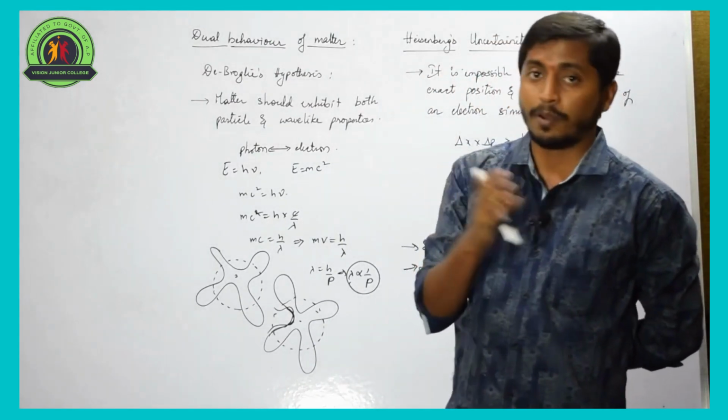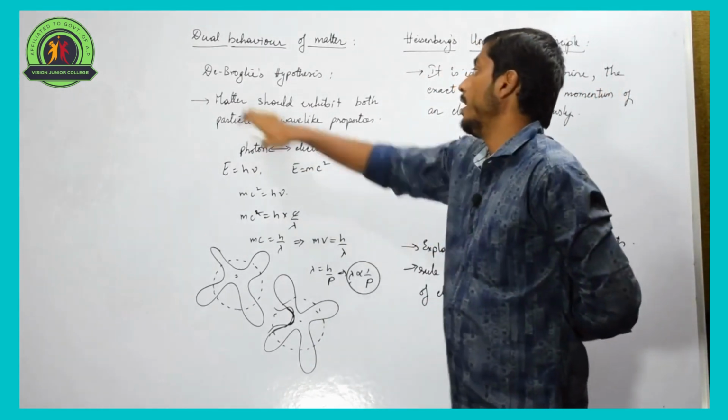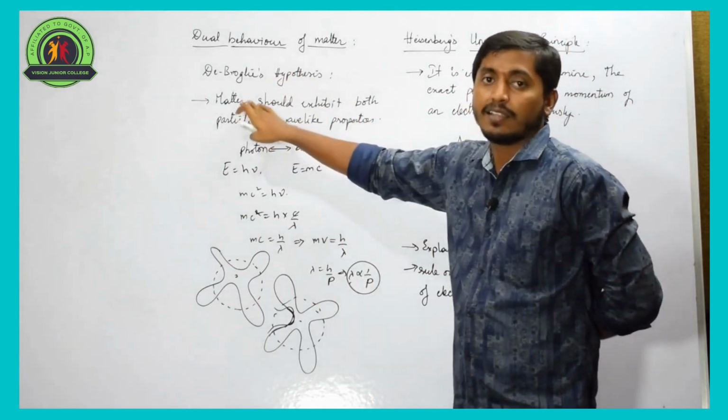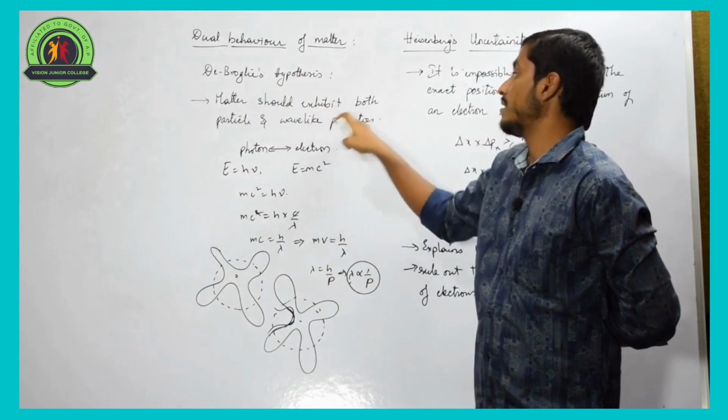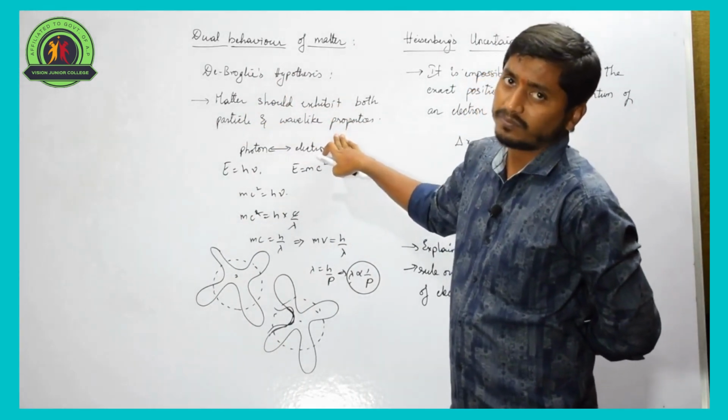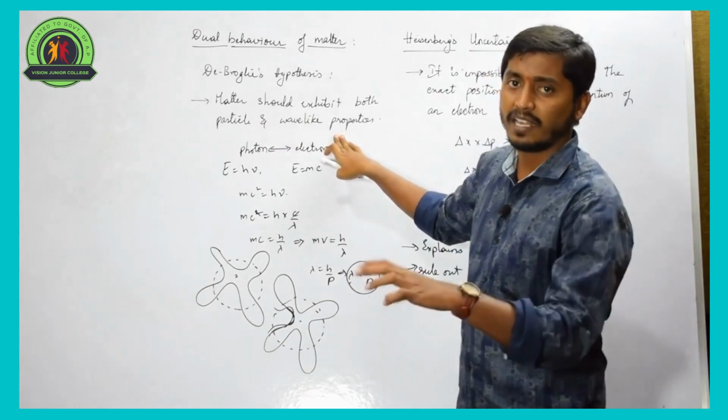Based on these properties, de Broglie gave a hypothesis that matter should always exhibit both particle and wave-like properties.